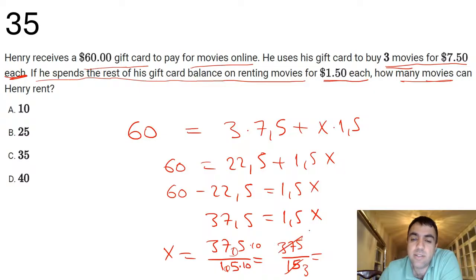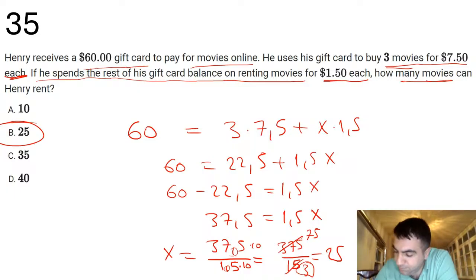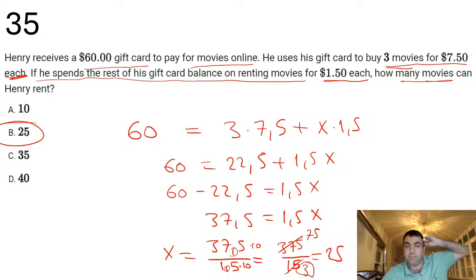It is 75 over 3, and if we divide 75 by 3, we get 25. The correct answer is B. Did you understand, Fear? No, Mr. Saib. The answer is not D. Did you understand what I calculated here?